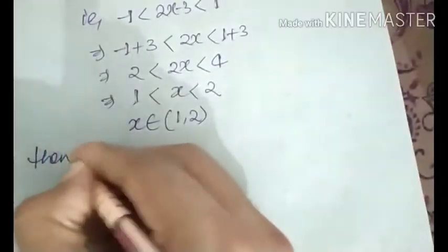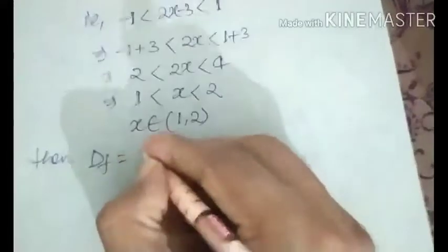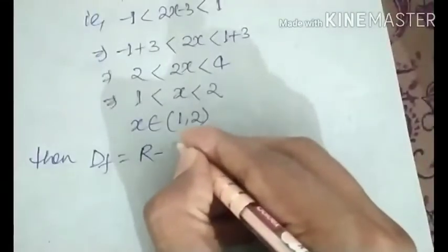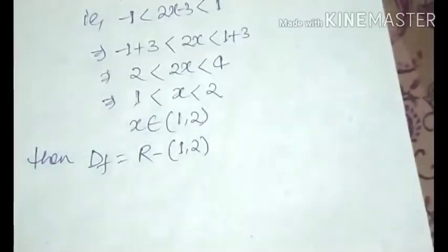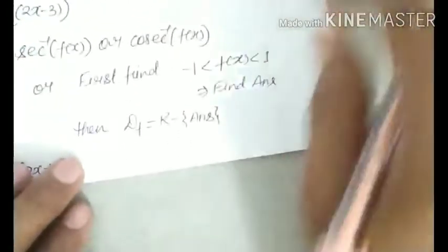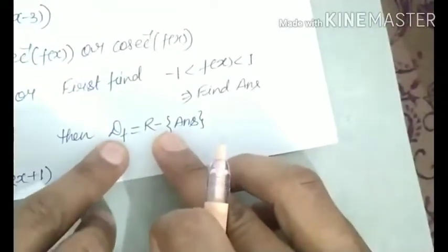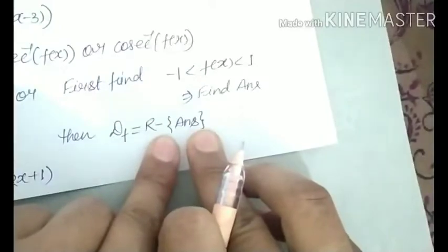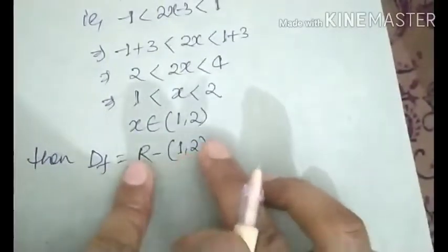Then the domain of that function will be R minus that answer, the open interval 1 comma 2. The domain of f is equal to R minus that answer.